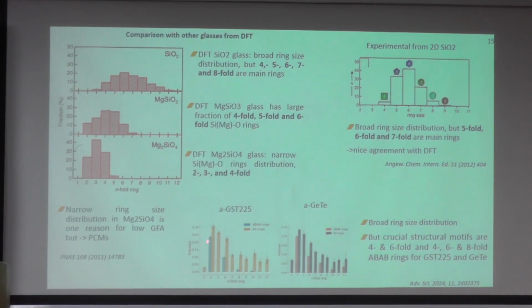And in amorphous GST and amorphous germanium telluride, they have this structural motif, these AB rings: mainly 4 and 6 fold, and 4, 6, and 8 AB rings for GST225 and germanium telluride. So overall the rings also have a broad distribution as in other glasses, but the interesting part is these AB rings and the distribution of 6 and 4, 6 and 8.